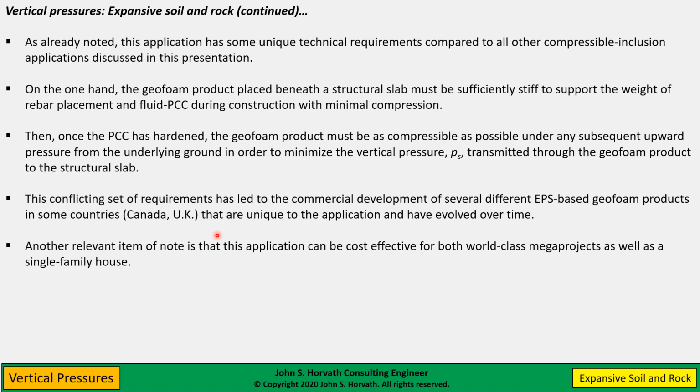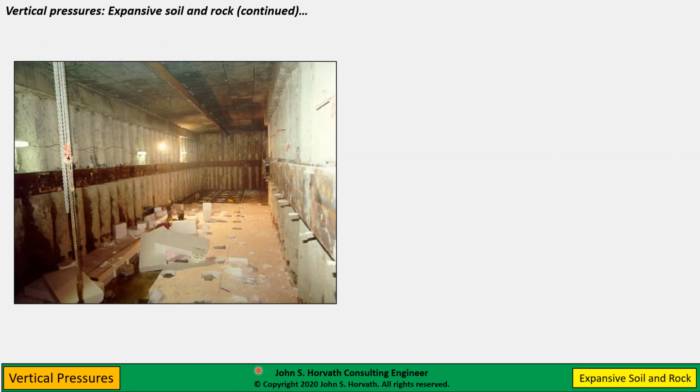These are not just a big project type of material. You may not recognize this, but this is actually the famous Channel rail tunnel that was constructed between England and France. And in sections of the Channel, they had problems with expansive ground that they had to contend with.